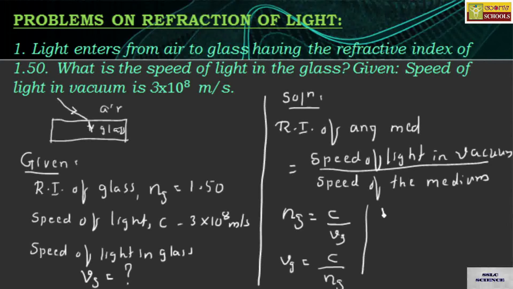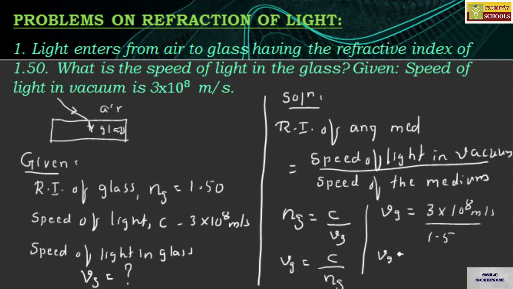Going on simplifying, c is 3 into 10 to the power 8 meter per second divided by Ng, which is 1.5. Refractive index is a constant, an index, therefore it has no units.